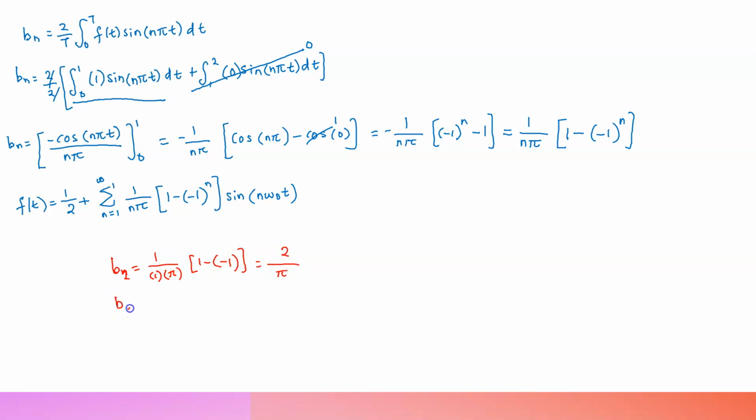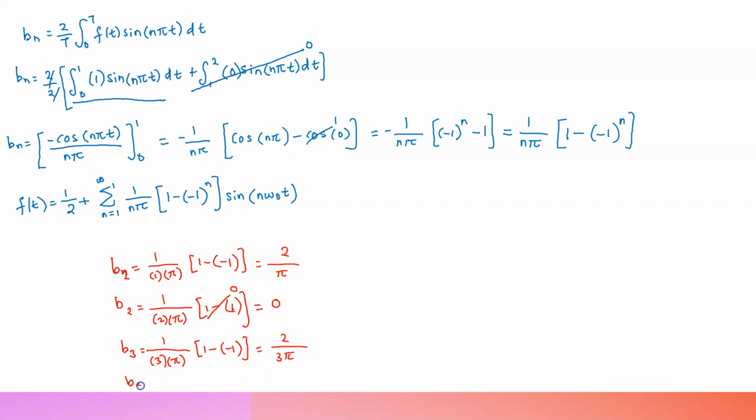So let's say if we have b2, we have 1 over 2 times pi, 1 minus minus 1 to the power of 2, which is positive 1. So you have 1 minus 1, this whole thing will become 0. So b2 is 0. Now if we repeat, let's say b3, you will have 3 pi, 1 minus minus 1 to the power of 3 is minus 1. So here you have 2 over 3 pi.